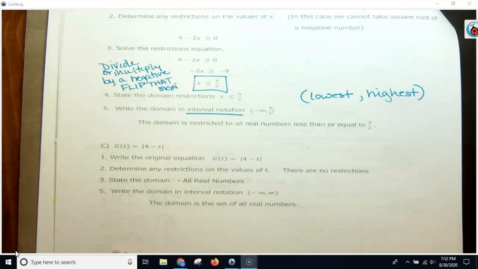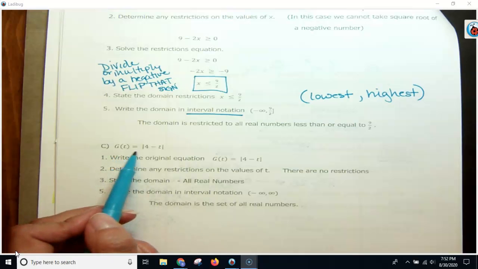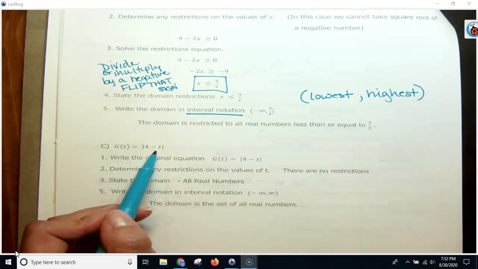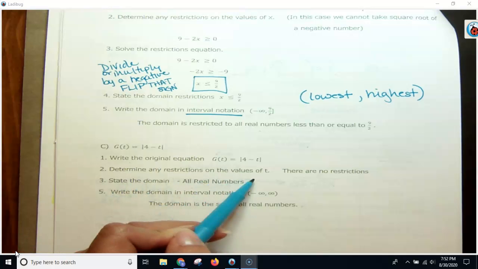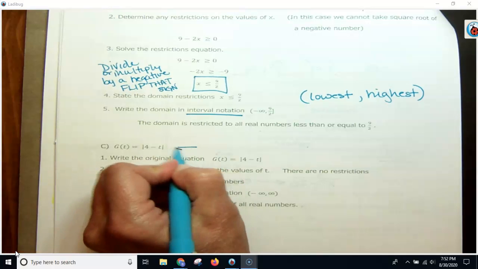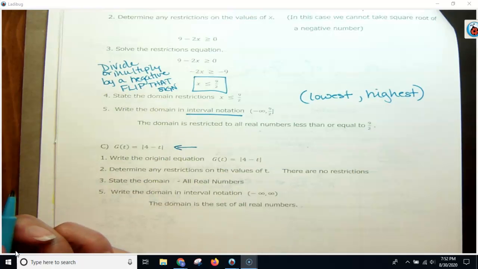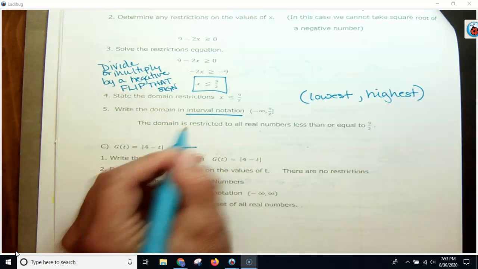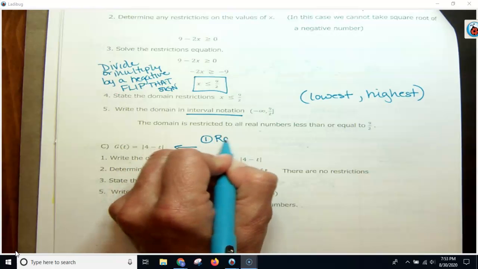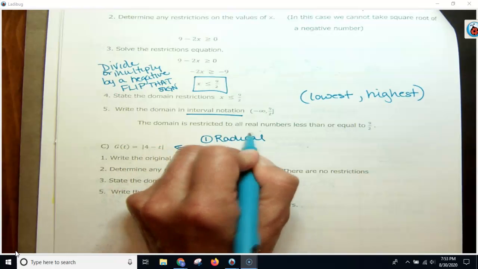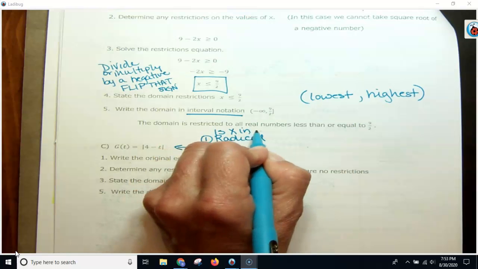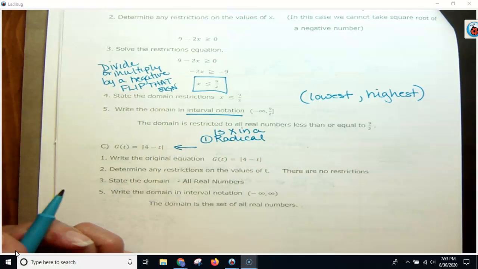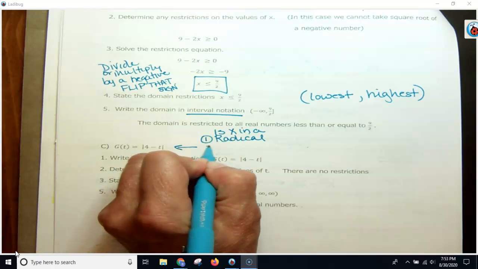And this very last one, g of t is equal to the absolute value of 4 minus t. Write the original equation, determine any restrictions on value. Do we have any domain restrictions in the sense that, is there a radical? Actually, is x in a radical, right? Is an unknown number in a radical?